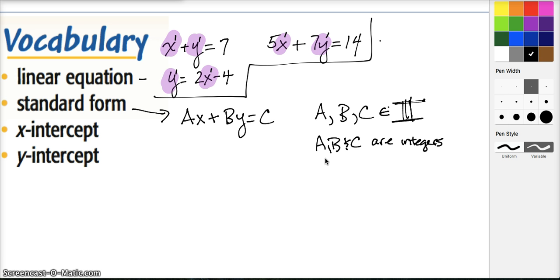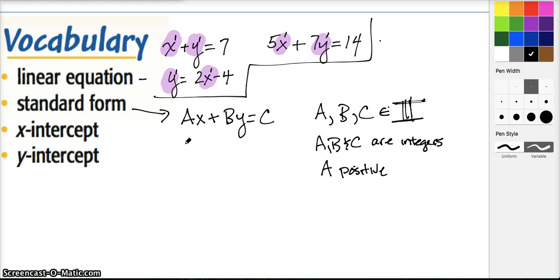So basically I'm saying that a, b, and c have to be integers. Some textbooks, and I'm not sure if ours does, also specify that a has to be a positive number. So a has to be positive as well as an integer. So that's one of the things that we see with a standard equation.